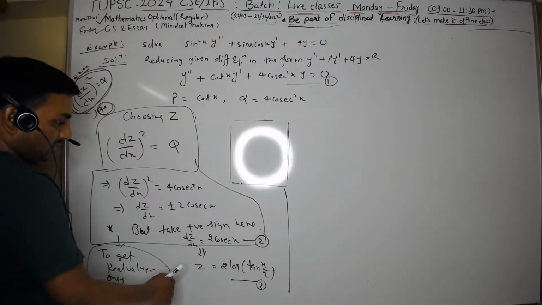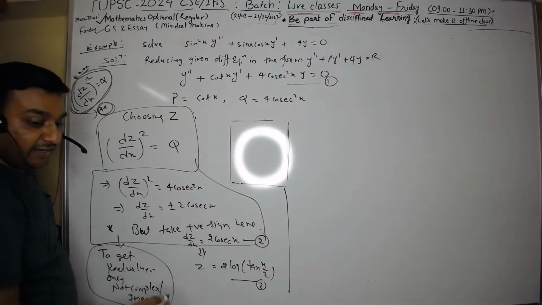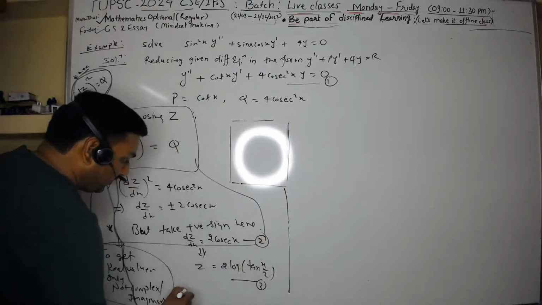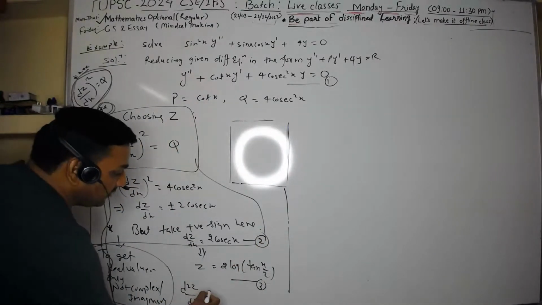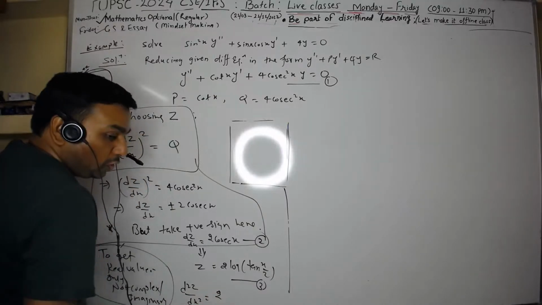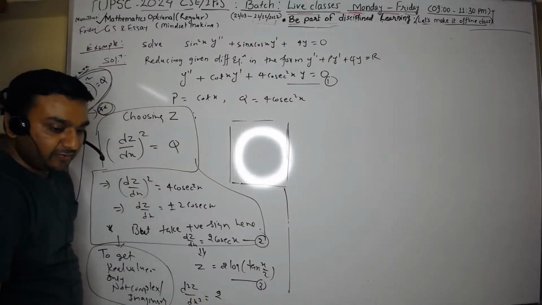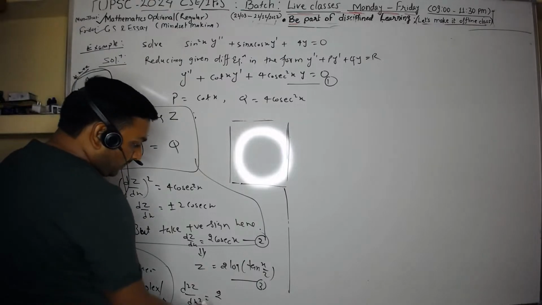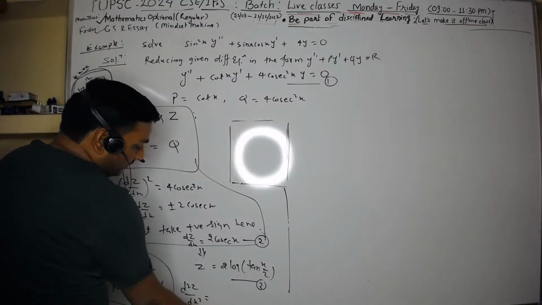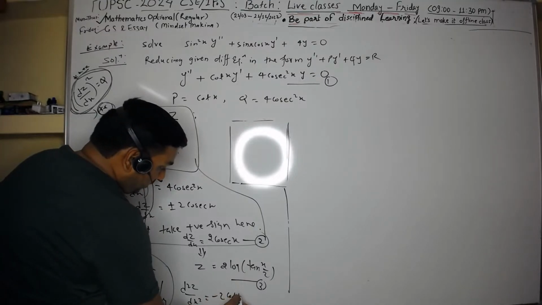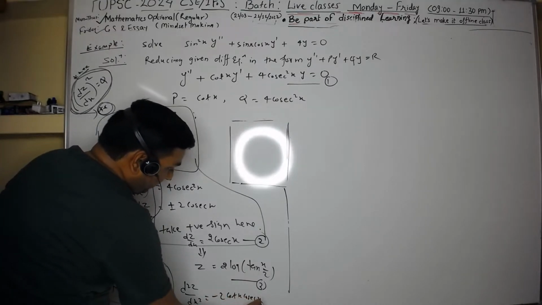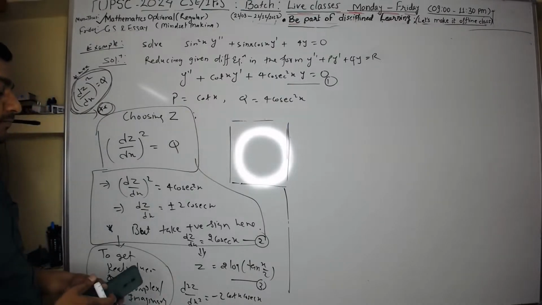Fair. What else did we need? We also need d2z over dx square. So d2z over dx square is the differentiation of 2 cosec x. What is the differentiation of cosec x? Minus cot x cosec x, so it is minus 2 cot x cosec x. Fair?